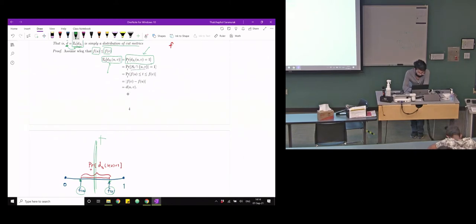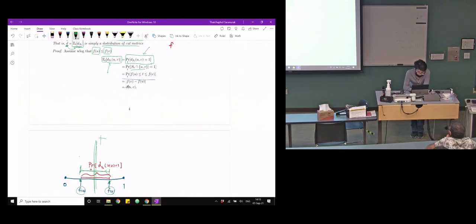It happens only when t is between these two points.